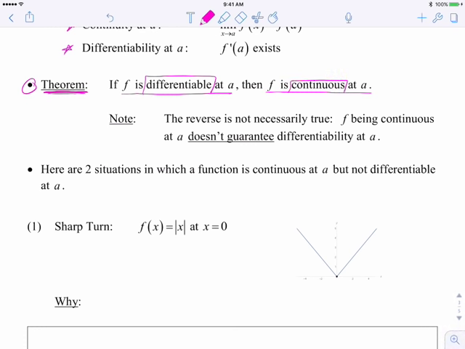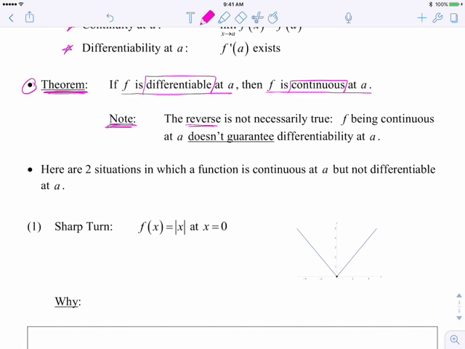So what this basically says is that if you know that f is differentiable at a, meaning f prime of a exists, it automatically 100% guarantees that f is continuous when x is equal to a. Okay? However, the reverse, which is called the converse, is not necessarily true.